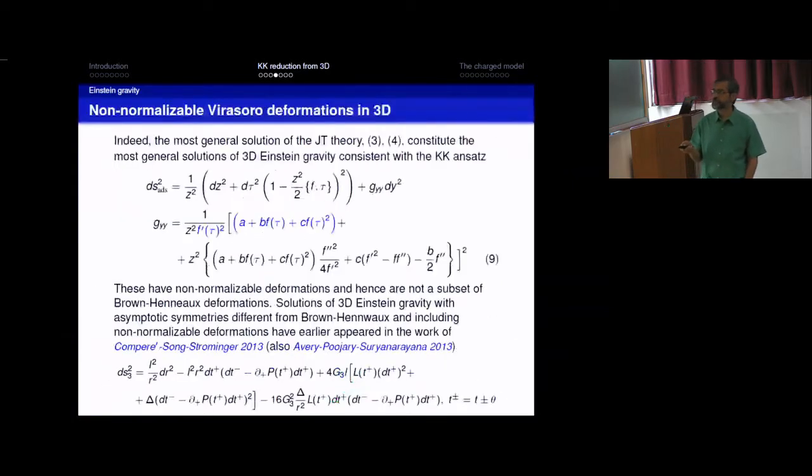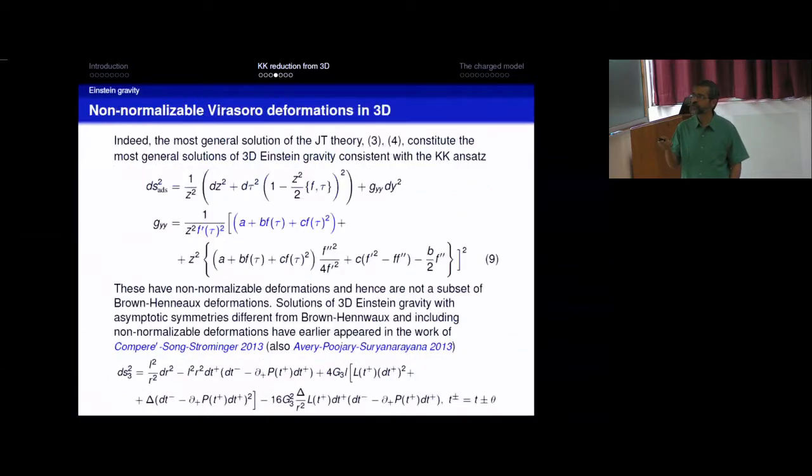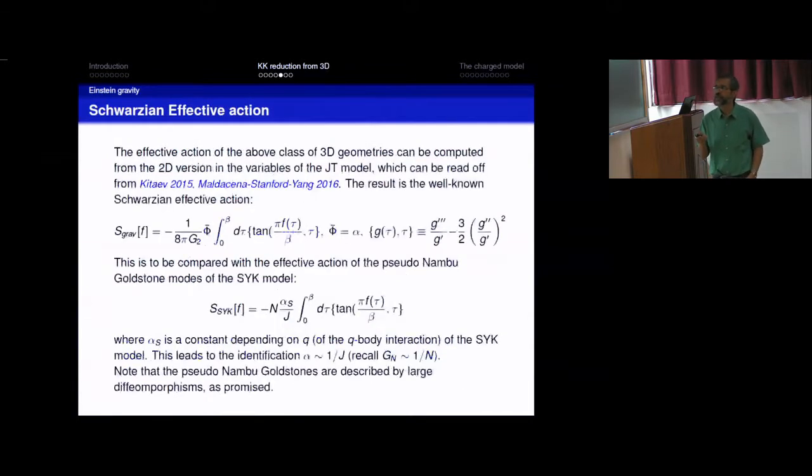So here, it's not like we are just proposing that there is a 3D Kaluza-Klein point of view for the bulk dual as well. And as soon as you realize that it's a JT theory, of course, the Schwarzian calculation you don't have to redo.